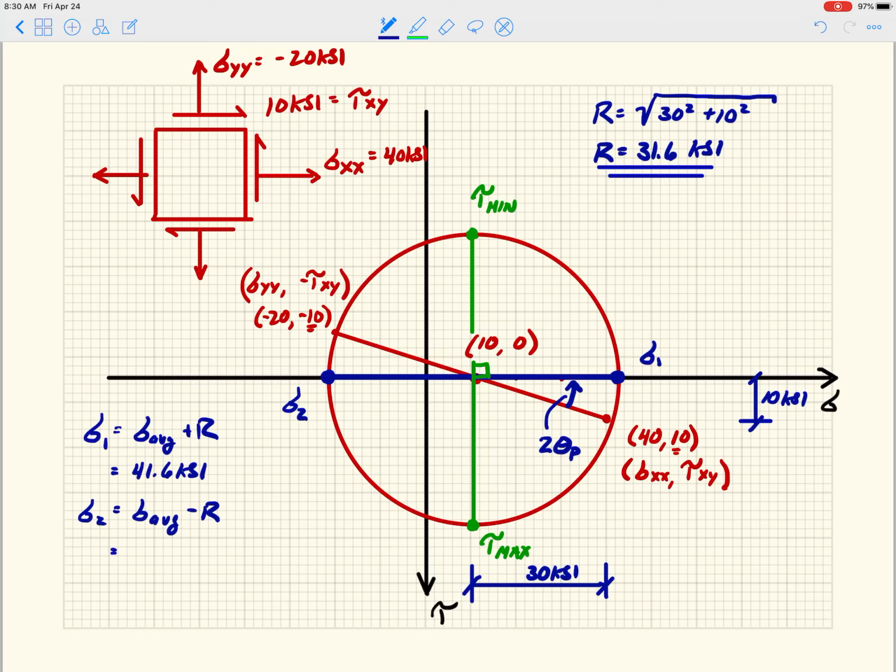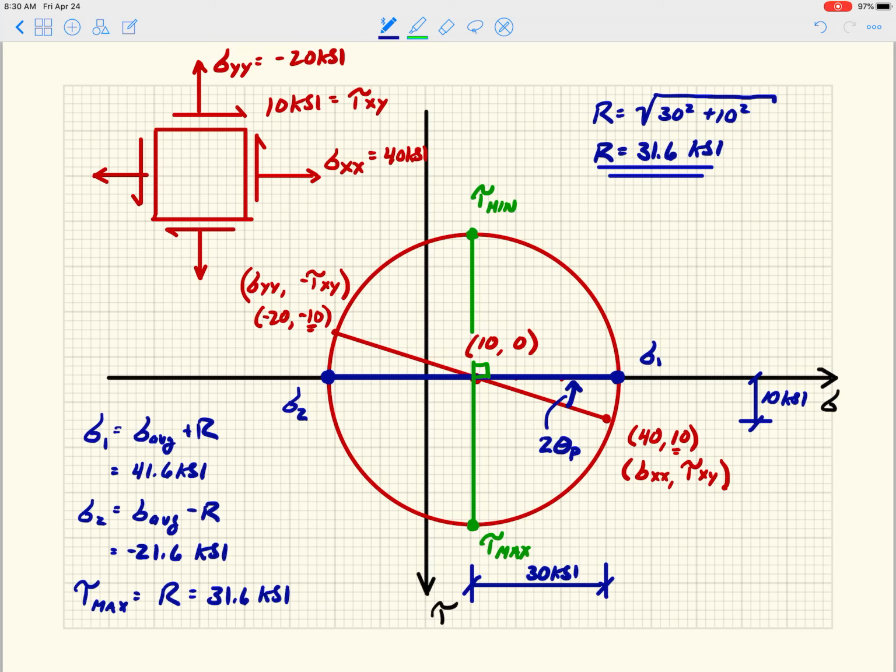So I could do that, and this is going to be minus 21.6 ksi. Tau max is always going to equal r. You can see it's exactly a radius. So this is 31.6 ksi.